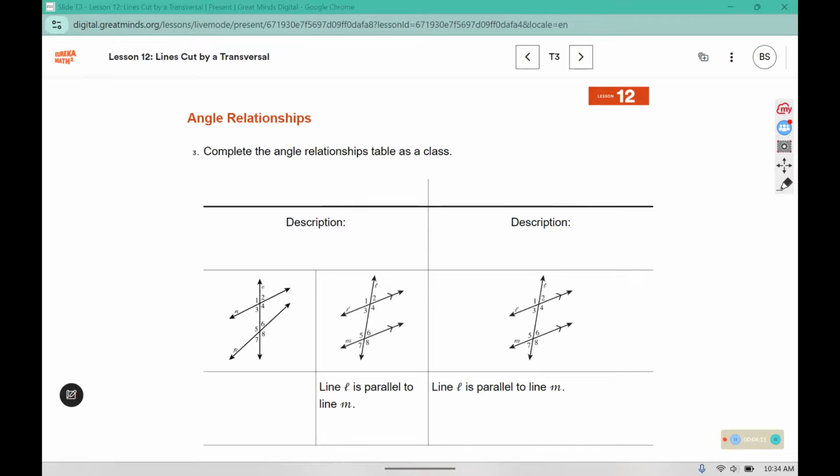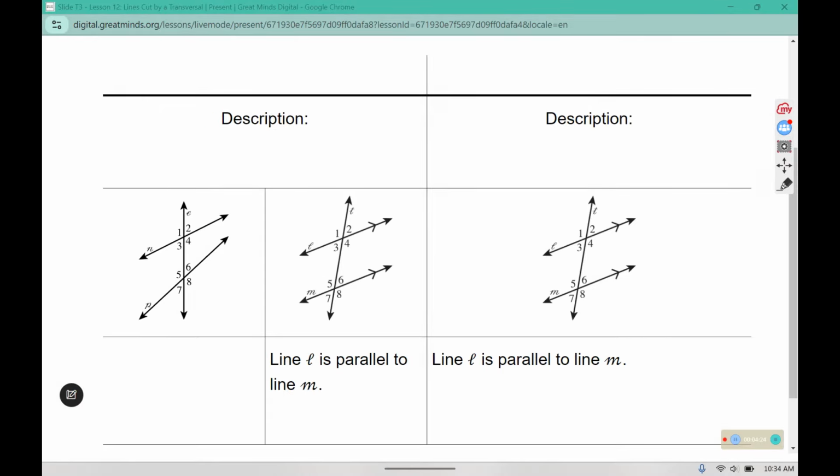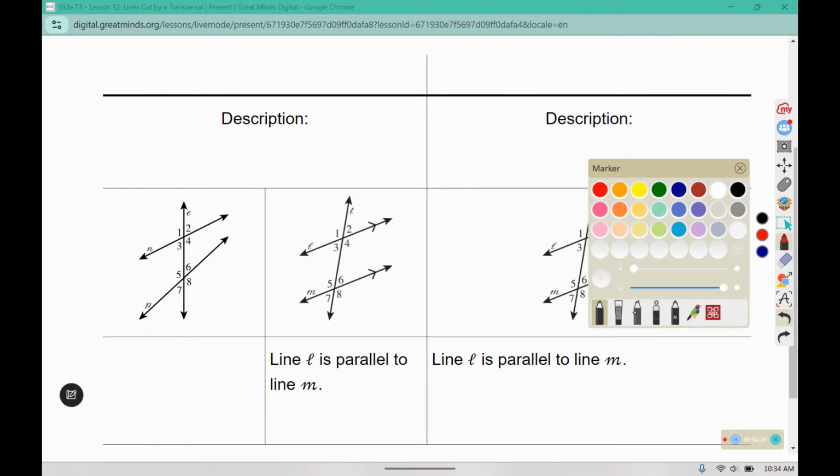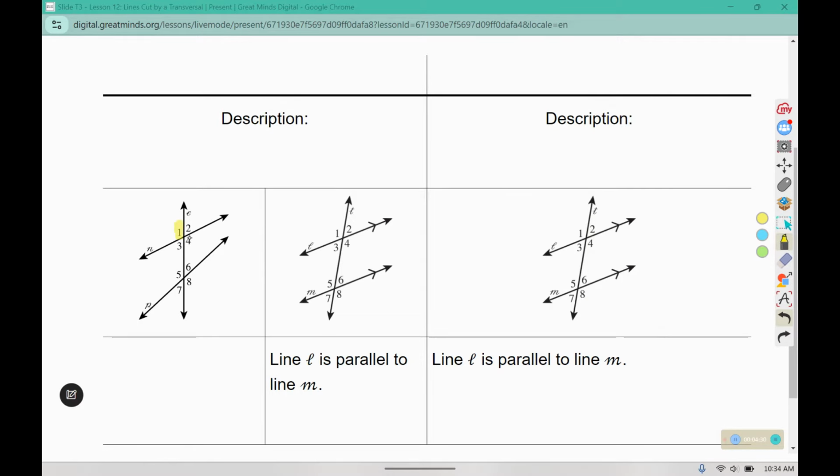We are going to complete the angle relationship table as a class. These lines, N and P, were not parallel, but lines L and M were parallel. In problem 1, the only sets of angles that were the same are called vertical angles.